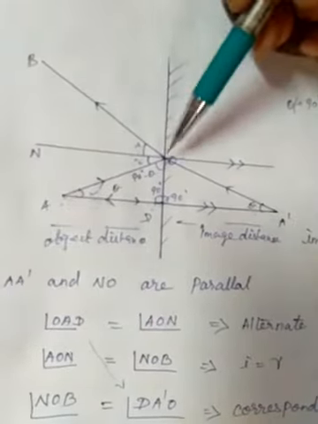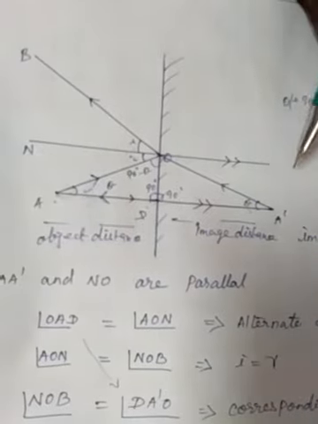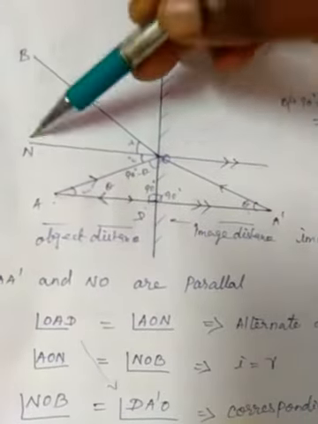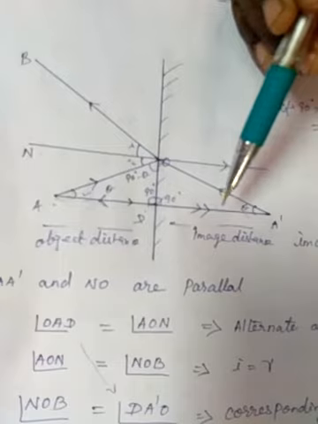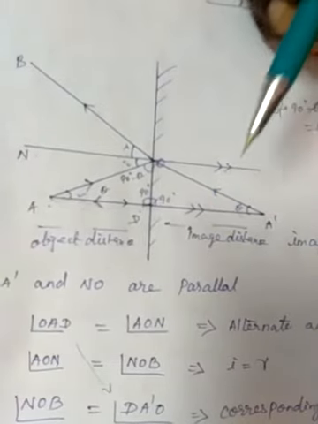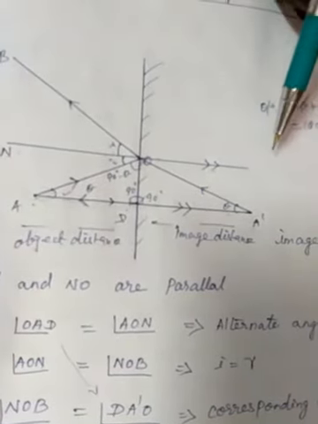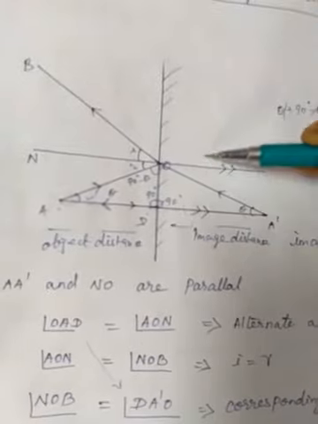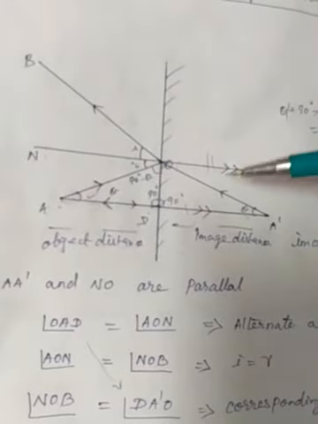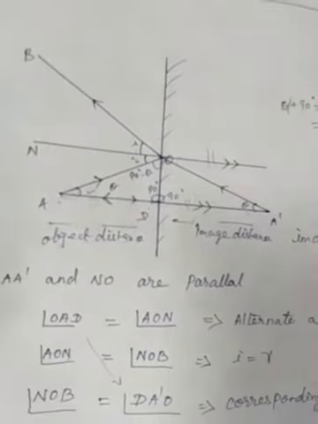The normal ray also I extend. So ON and DA are parallel rays. The same for ON and AA dash, the long side: they are parallel. This line and this line are parallel rays.